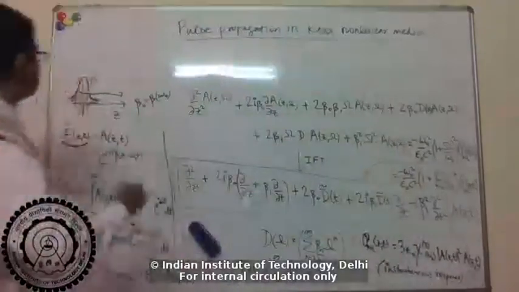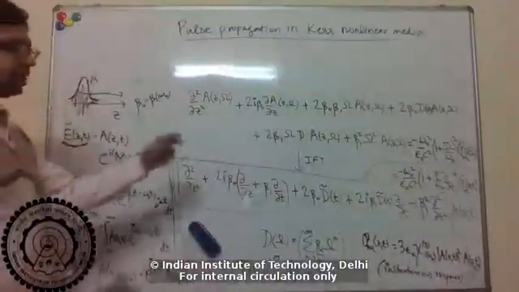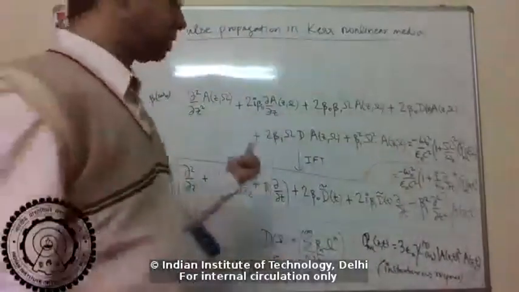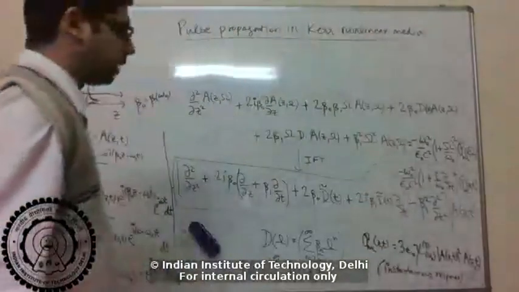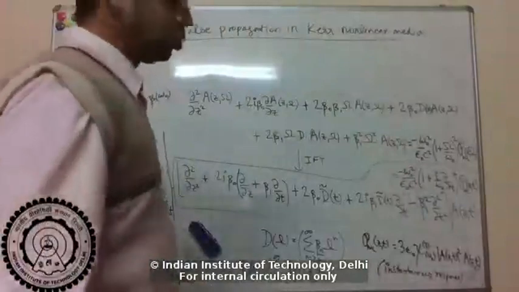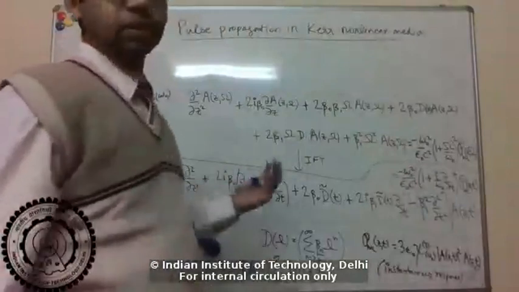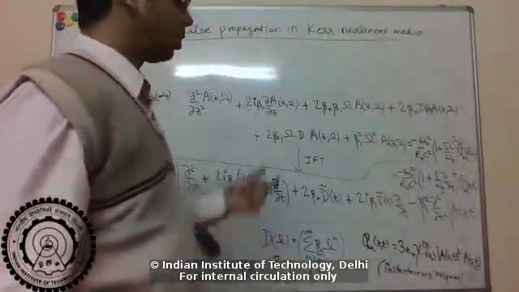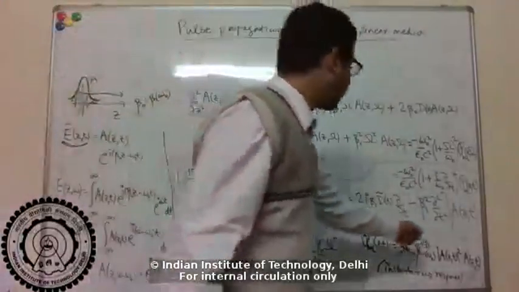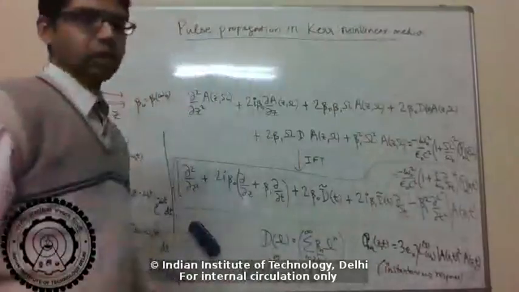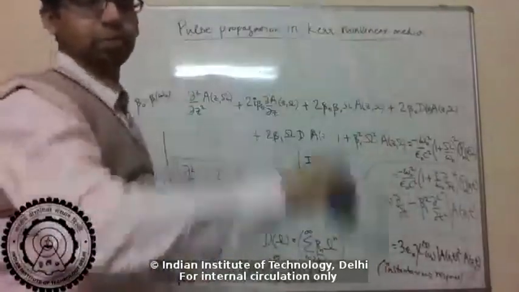Right, that at each time instant, the material is responding instantaneously, and it depends only on the field amplitude at that moment, right? Which is true for most regimes, as long as, for example, you're operating far from the band gap, right? So this omega naught, the center frequency in your pulse, is much smaller than the band gap.